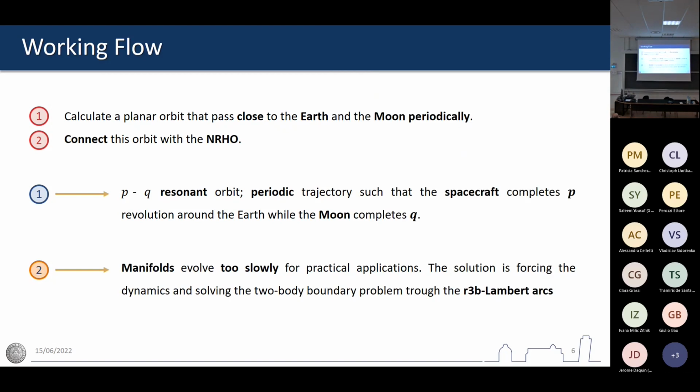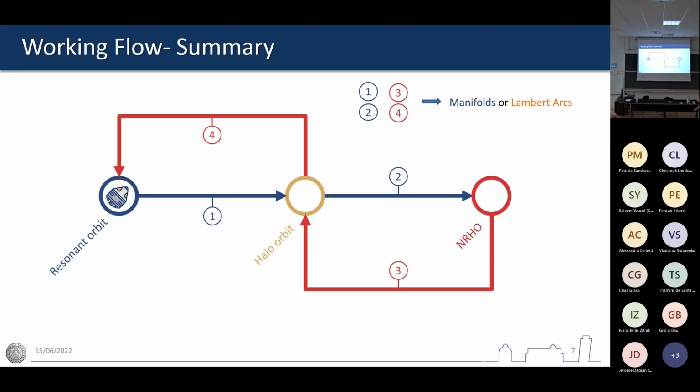Another solution, to gain time, is to connect the parking orbit and the arrival orbit and the resonant orbit with Lambert arcs, but not in the standard two-body formulation of the Lambert problem, but with some numerical correction that I will explain later.